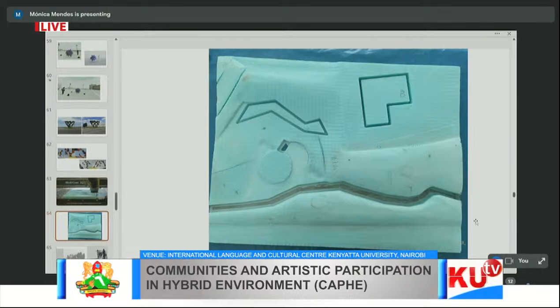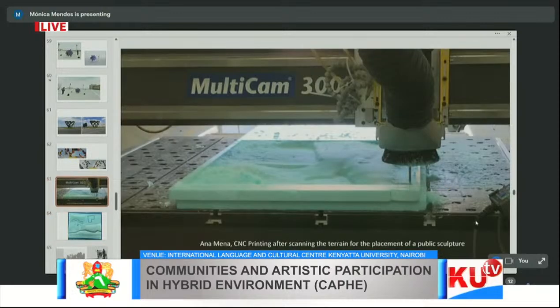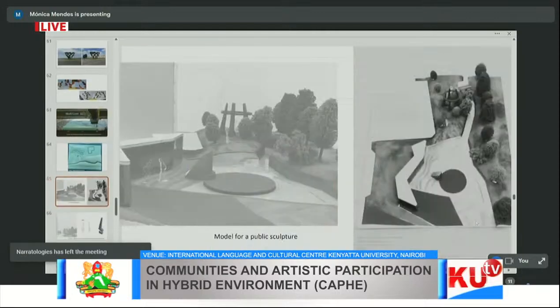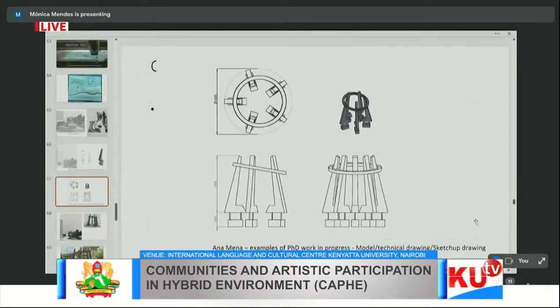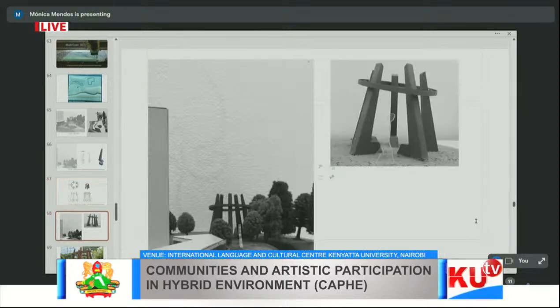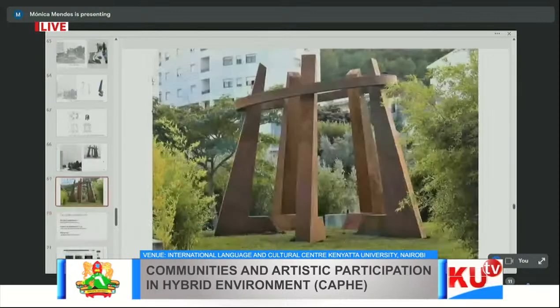So this was carved by CNC, although the process was digitalized in clay. And so this is already the physical sculpture with the technical drawings, the physical model, and the sculpture in loco. So this is not virtual, this is real.